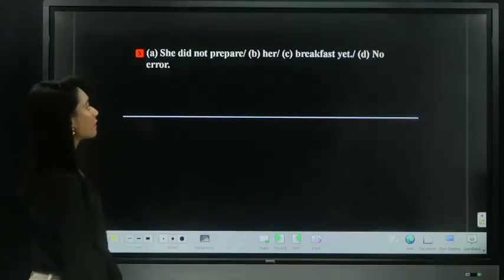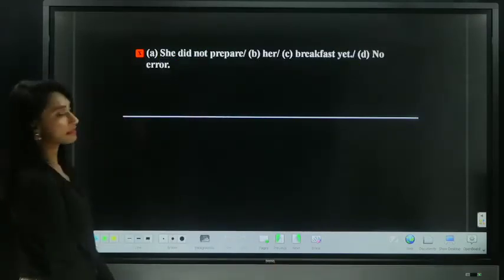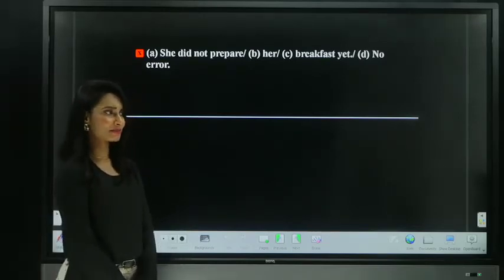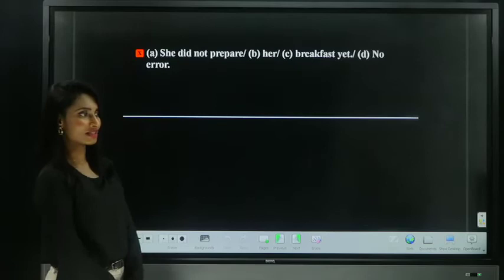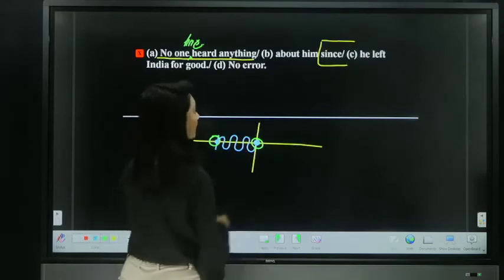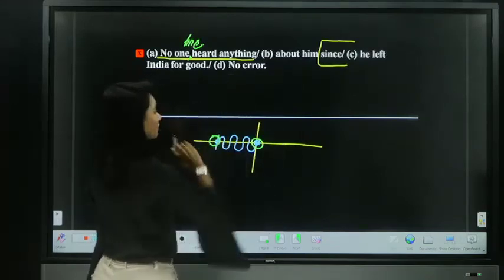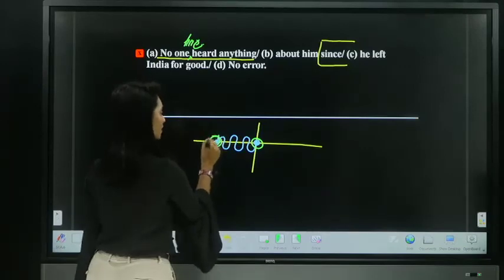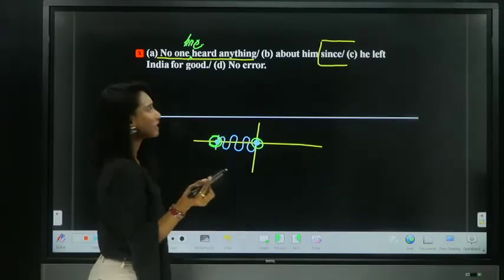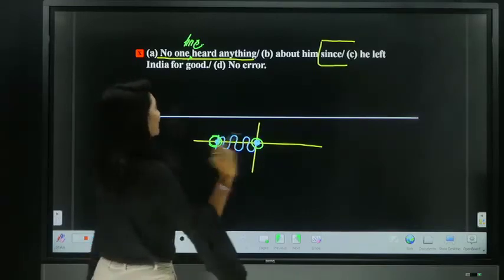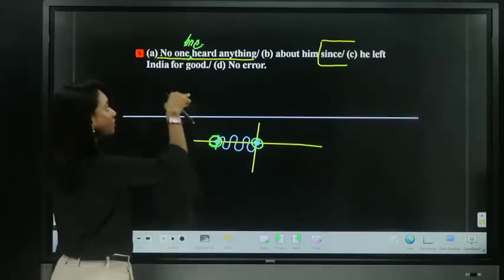She did not prepare her breakfast at. Again, a quick time indicator. Make it fast. Yes, Sunny, you're right. No, not had left. It should not be. Let me talk about that again. So he left India for good is a certain time we are mentioning. So he had left India for good also can be a possibility, but you cannot correct in two ways, right?